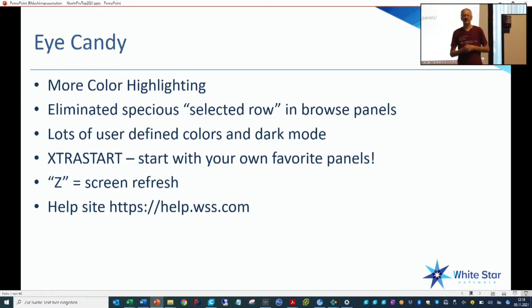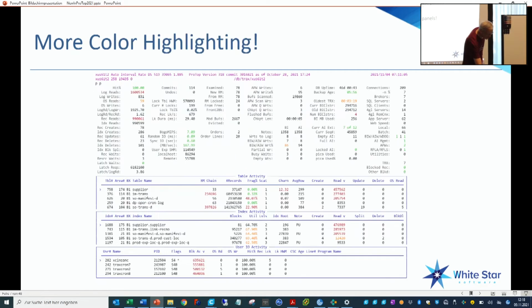We have a variable called extra start, so you can start up with your own customized startup panels instead of our defaults. We have a screen refresh key, so that if you are one of those nervous people who likes to wiggle the mouse all the time and resize your window, you can fix that. And we have a new help site, so let's go through those features.